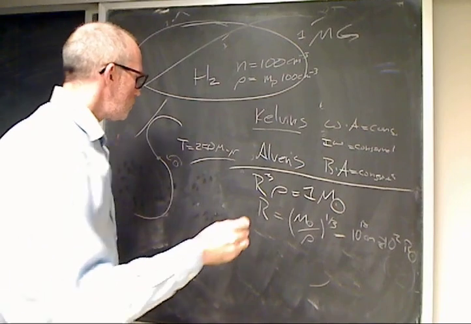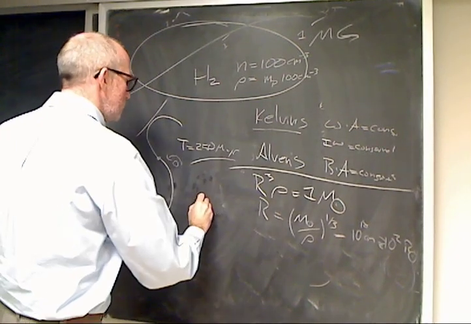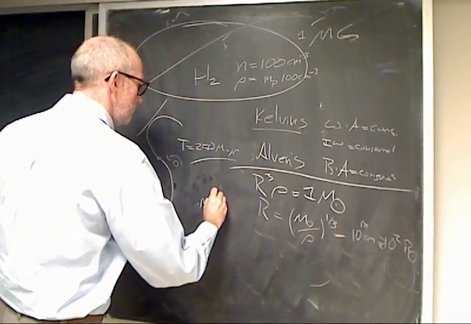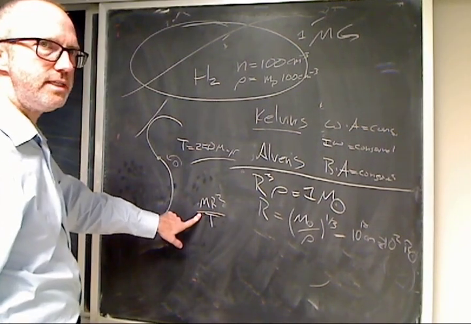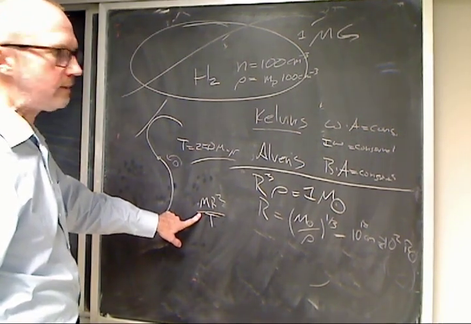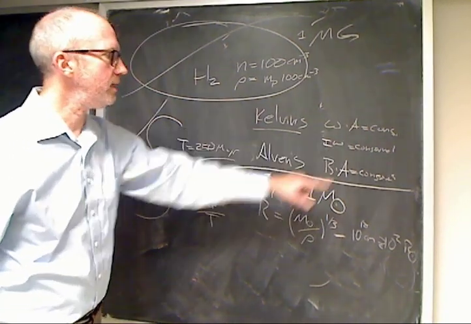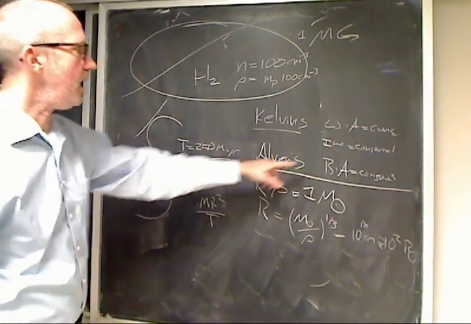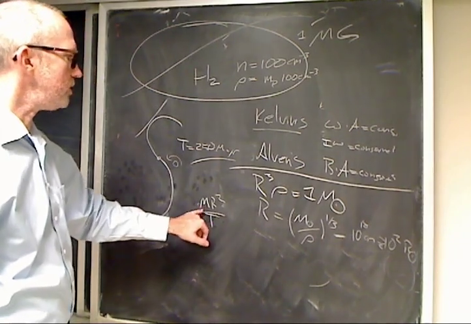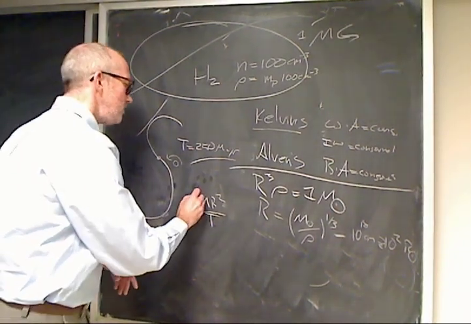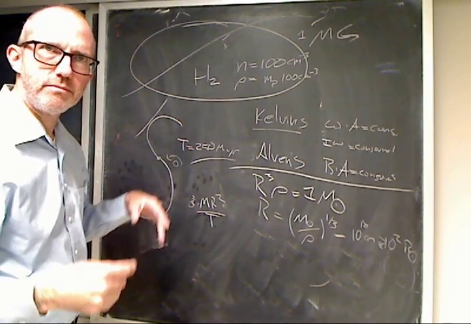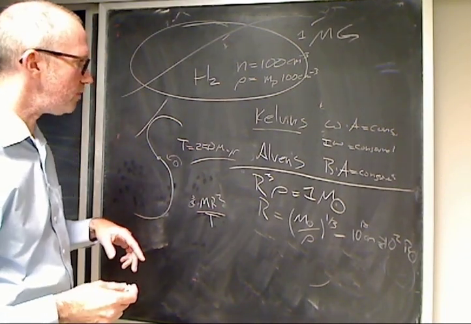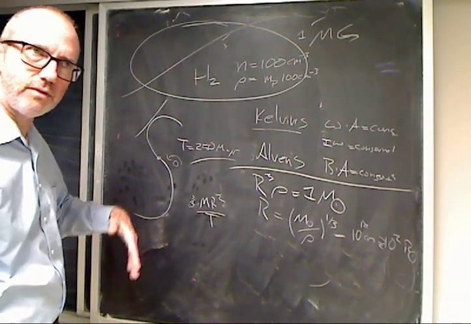So angular momentum is conserved. That's the same as saying m r squared over period T is conserved. T is just 1 over omega, and the moment of inertia is just m r squared. There are factors like 3/5 in here that I'm sweeping under the rug because they all just cancel out.